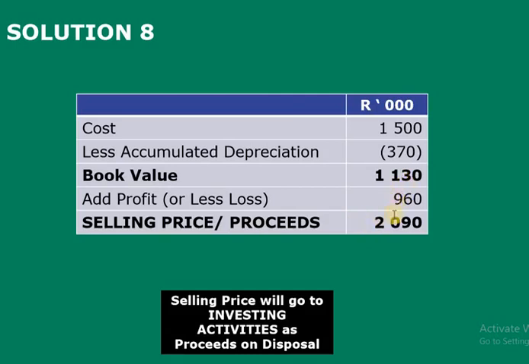Now the profit, or if there's a loss, will be under your non-cash items in your calculation for cash generated from operations. And remember, your selling price, the proceeds, will go to the face of your cash flow under the investing activities section.